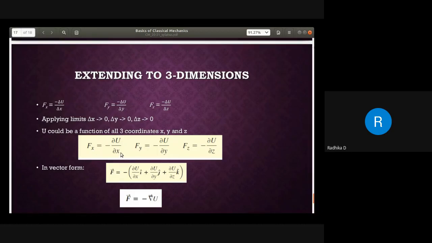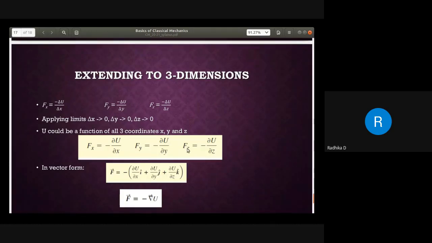We said this in the previous class. Here the potential energy is a function of x, y, and z. But when you are doing minus partial u by partial x, it is considered that the variables y and z are constant. Similarly, for the y component, I can write minus partial u by partial y, where x and z are constant.